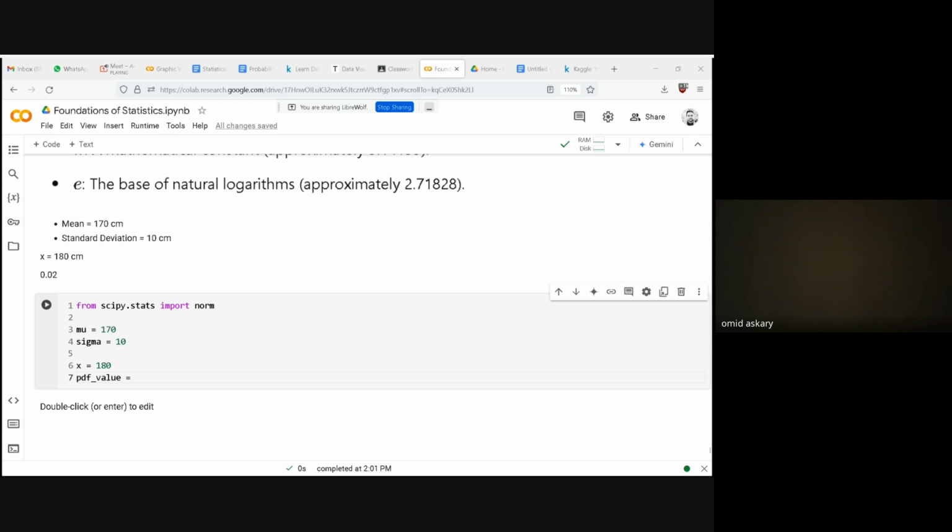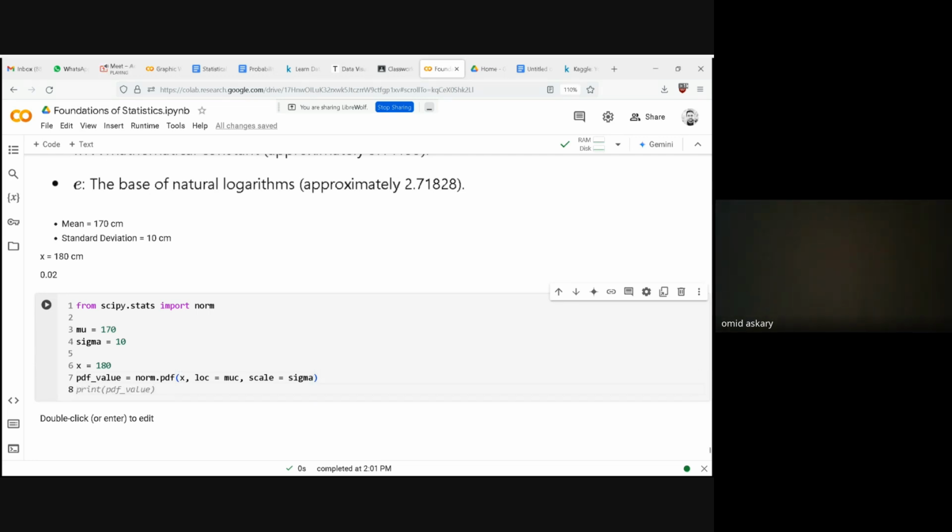It will be equal to norm.pdf of x, loc will be mu, and scale will be sigma. Scale will be sigma.